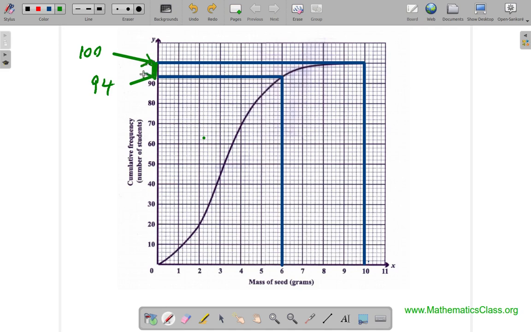Right here is 100, right here is 94. So if we say 100 minus 94, we get 6. So what it's saying is that the number of students who estimated the mass to be greater than 6 grams would be 6 students. All right.